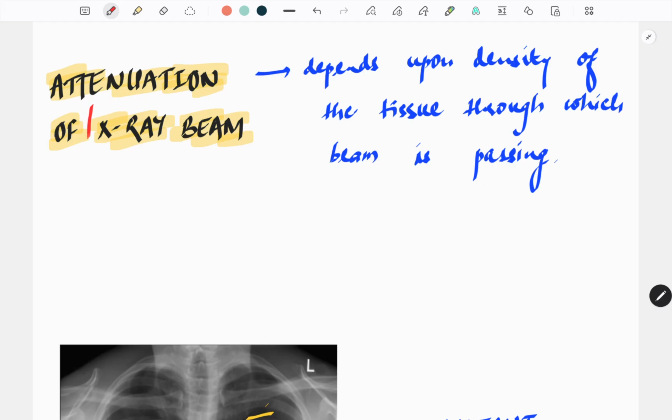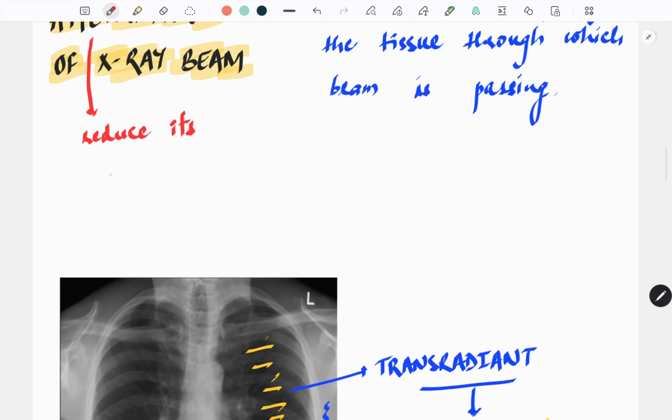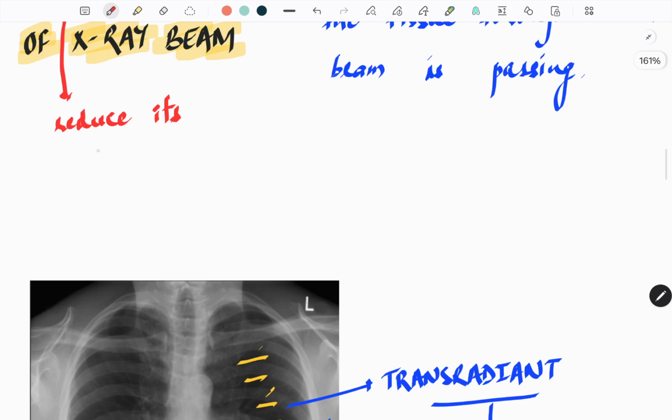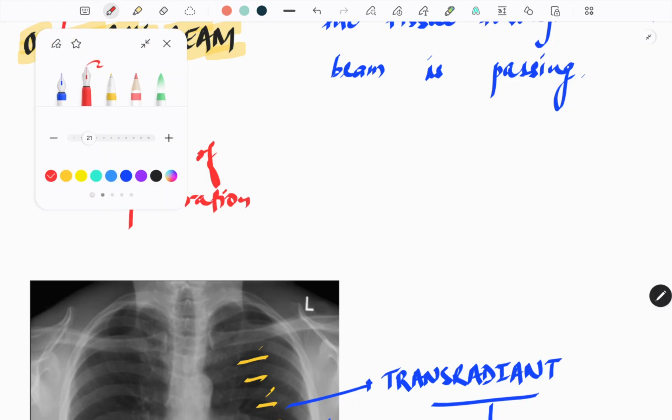To attenuate the x-ray beam is to reduce its quality of penetration.